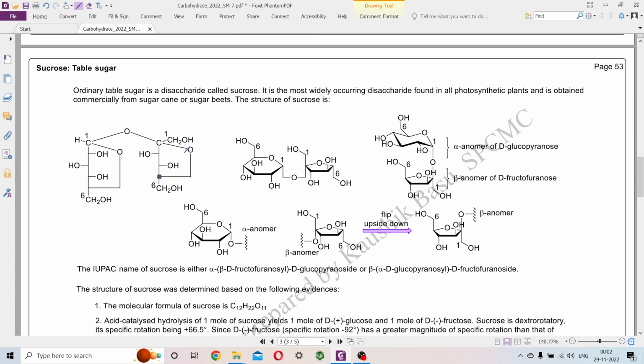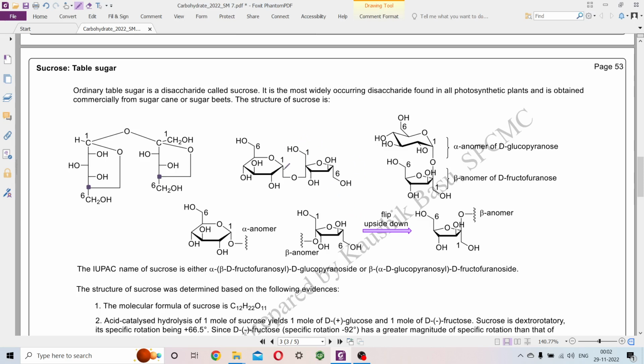So in the fructose it must be the beta anomer, and it is also coming from the fructofuranose, and on this side you have the configurational oxygen at C5 on the right side. So it's a D sugar, it's a D-glucose, and you also have the anomeric OH on the same side, on the right side. Therefore it's the alpha anomer.